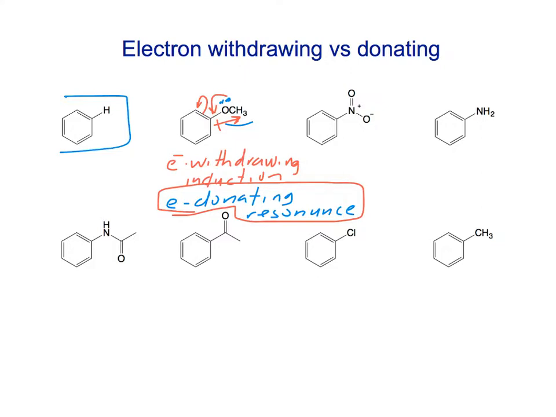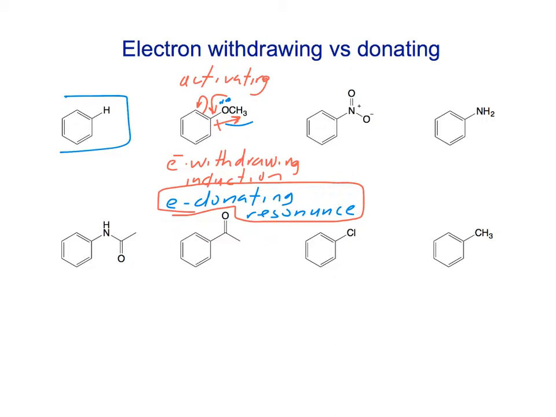So this methoxy group will act as an electron donating group. And is that going to be an activating group or deactivating? Activating, right? It's pushing electron density into the ring, increasing the electron density, making it a stronger nucleophile. So we could say that this is activating.